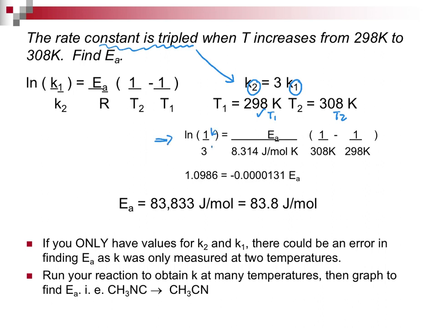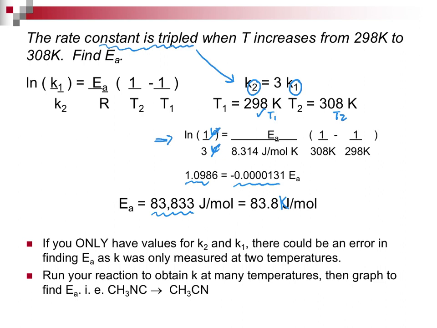Sure, there are K's here, but they're going to cancel out. Once again, I'll mathematically evaluate the expressions, and it does boil down just to simple algebra. And I come up with an EA of 83,833 joules per mole, which then I turn into kilojoules, but I forgot to put the K there.